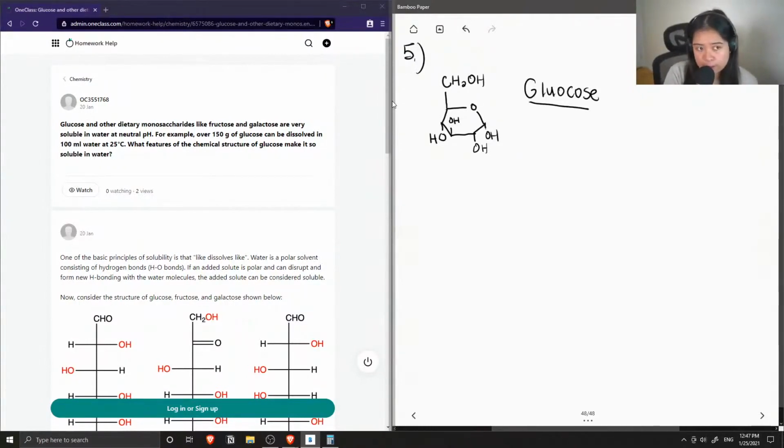So if we look at glucose, we can see that it contains a lot of polar carbon-oxygen and oxygen-hydrogen bonds.